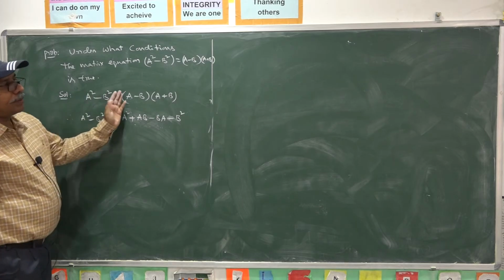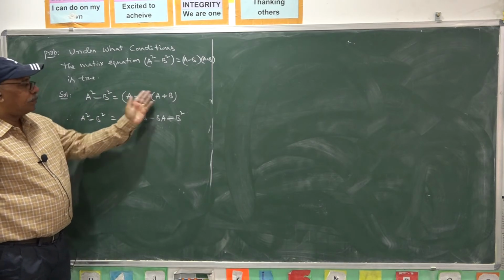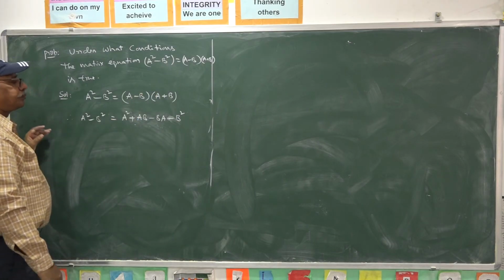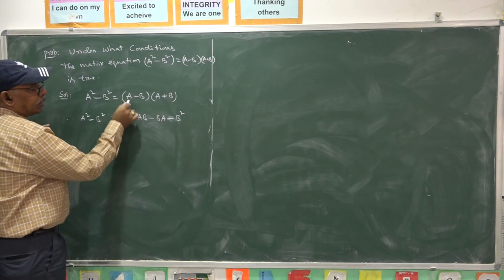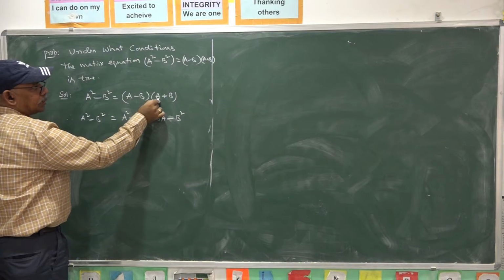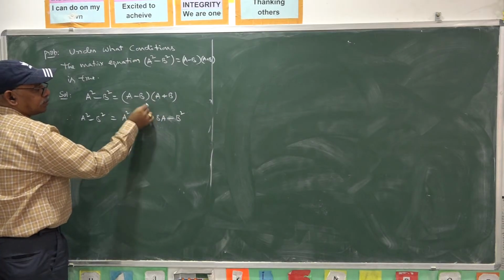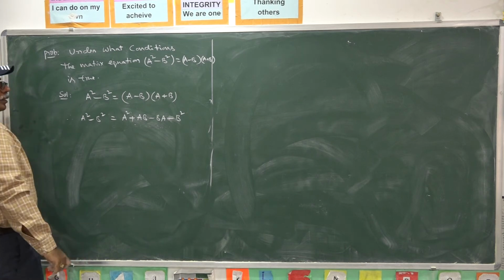You have to maintain the order while taking the product of these two factors. Similarly, minus B into A: here the pre-multiplier is minus B and the post-multiplier is A.